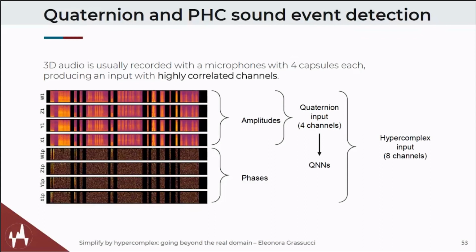But with parameterized hypercomplex neural networks, we can encapsulate the complete input, the 4 phases and the 4 amplitudes, in a single entity, an 8-channel input, by easily setting n equal to 8. So at the end, we have more information, and we can process more information with fewer parameters.